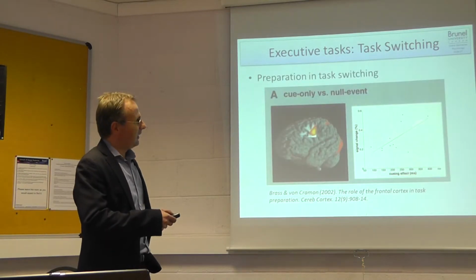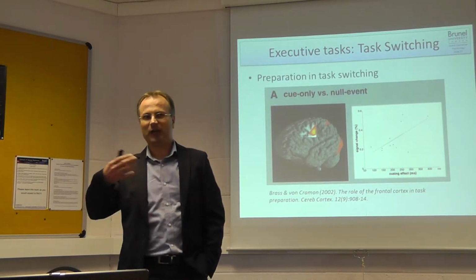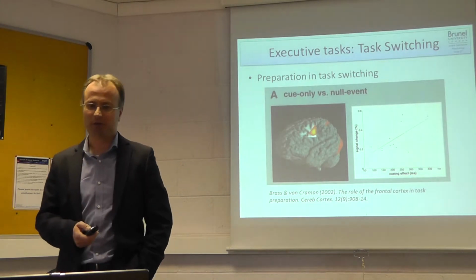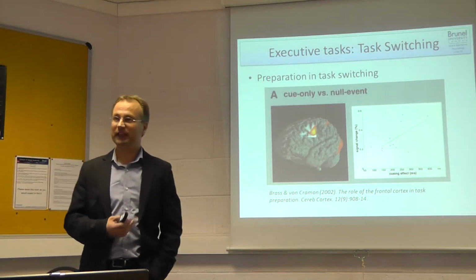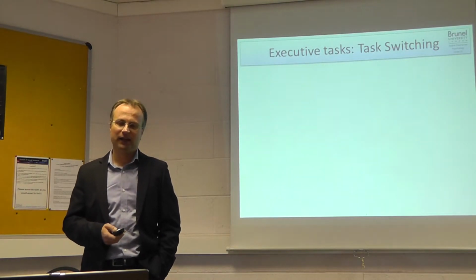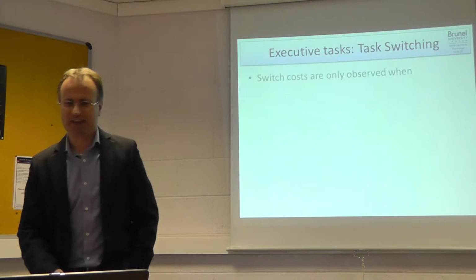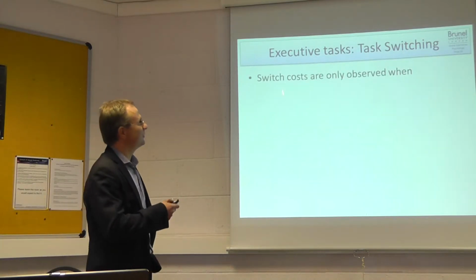So another nice illustration of how MRI or imaging can be used to understand cognitive models better and what happens in these type of tasks. Now, I would like to use this as an additional note.